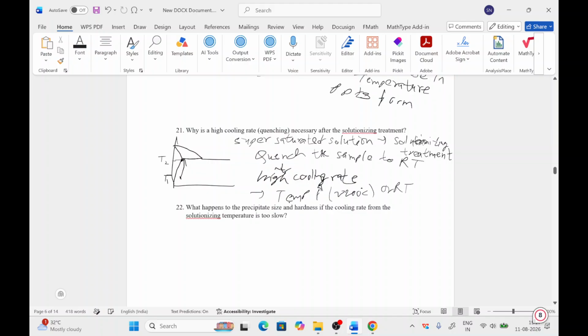If we leave the sample at 200 degrees Celsius or room temperature, the copper atoms, or solute atoms, diffuse from the aluminum matrix slowly and form these Al2Cu precipitates with different diffusion rates, because at higher temperature the diffusion will be high and at room temperature the diffusion is low.